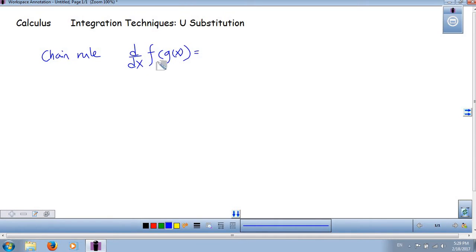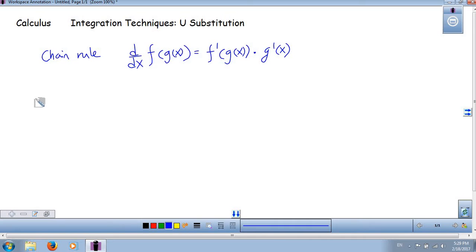When we take the derivative of a composite function, we need to take the derivative of the outside, but we also need to take the derivative of the inside function. This is called the chain rule. So it would be f prime of g of x times g prime of x, which is the derivative of the inside function. And so the chain rule is the basis for our U substitution.